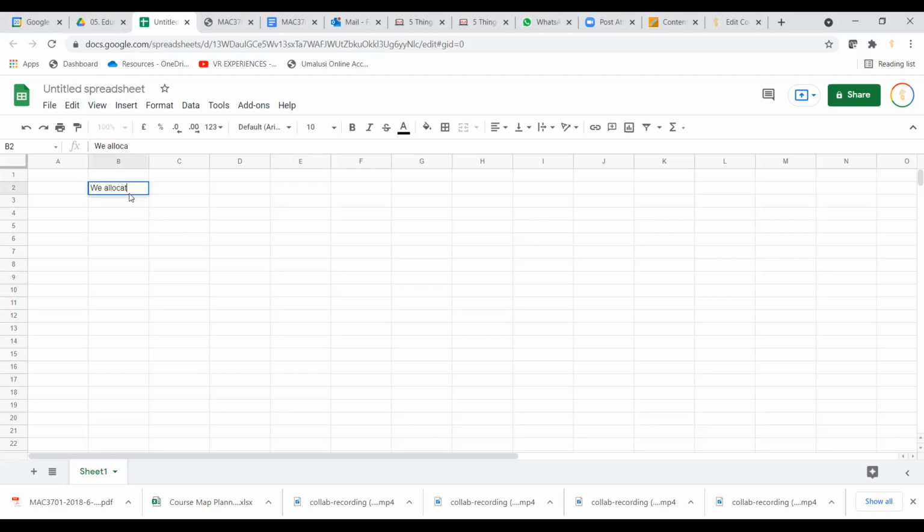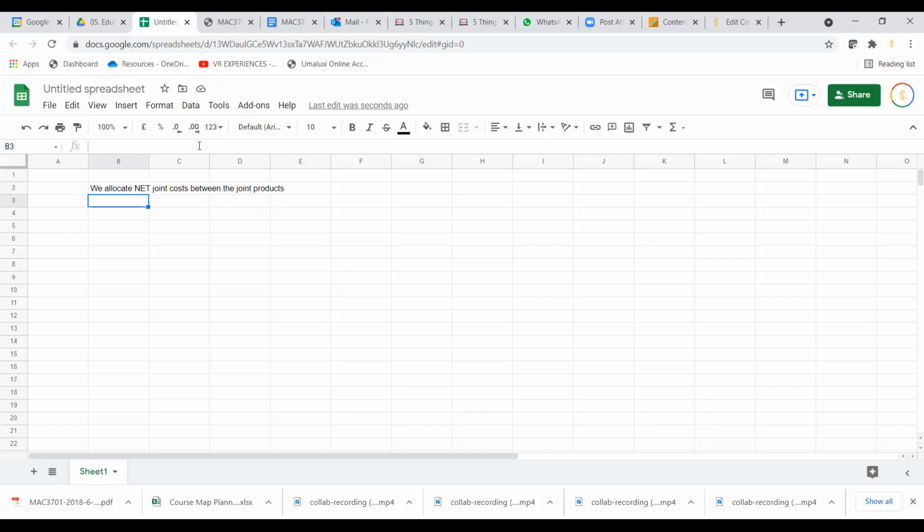We allocate net joint costs between the joint products.